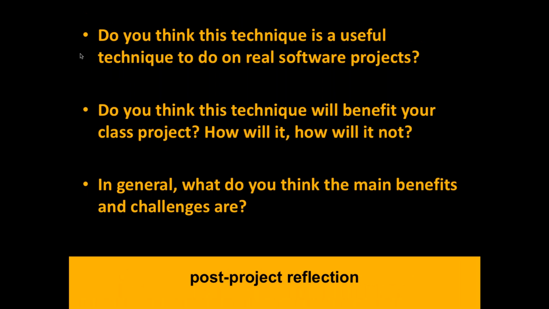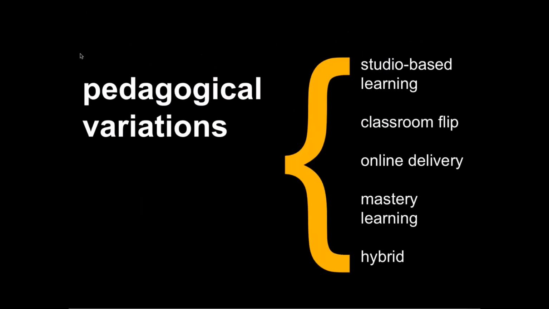So that completes the software enterprise cycle, the pedagogical cycle, like in the case of the experiential learning cycle. And different pedagogical variations can still be applied. If one wants to use a flipped classroom, they can make the lectures available beforehand and have just a discussion in the class to further reinforce the concepts.